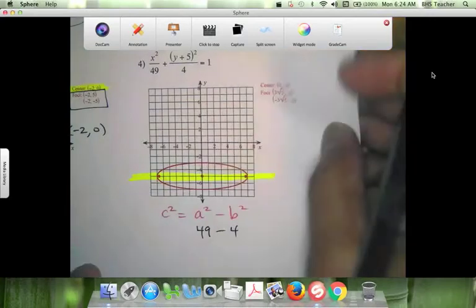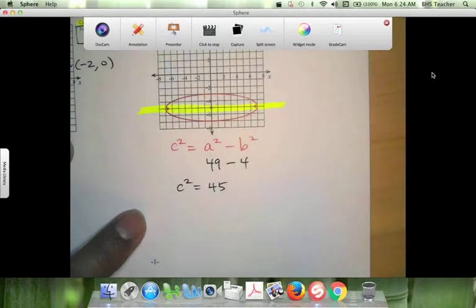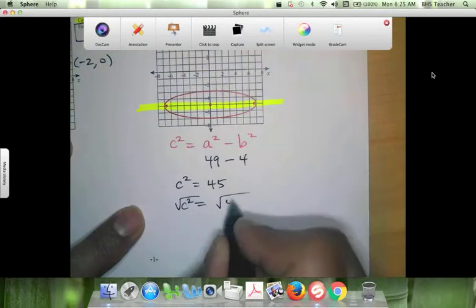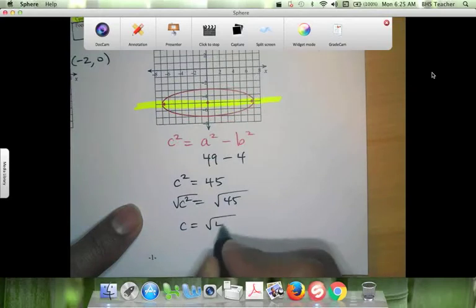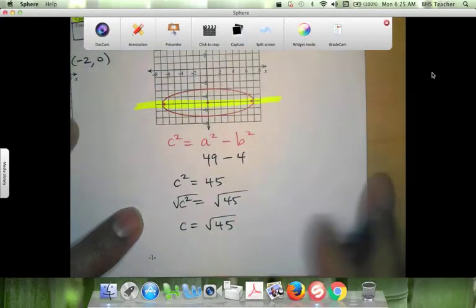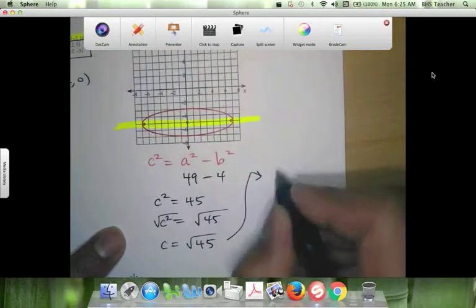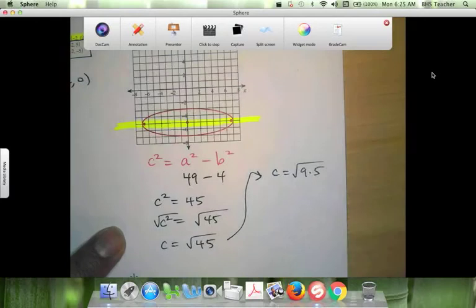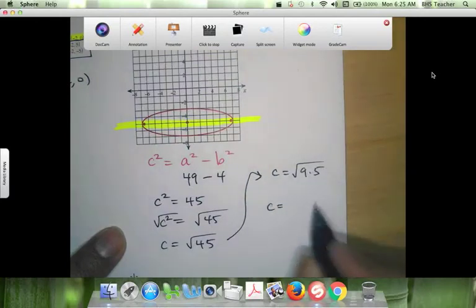So I'm going to give you c squared equals 45. 45, when you take the square root of it, can be broken down into what? 9 times 5. 9 has a perfect square root. It comes out. So your c distance is 3 root 5.